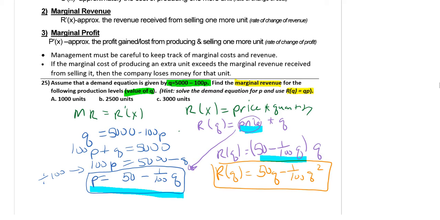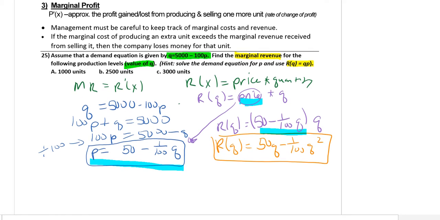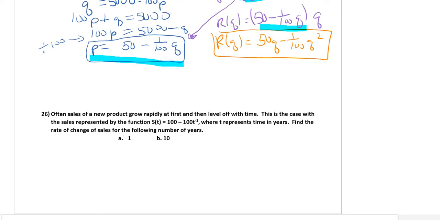So I'm going to look back at number 26. So 26 says, often sales of a new product grow rapidly at first and then level off with time. This is the case with the sales represented by the function. So here's my sales function, where T represents time in years.